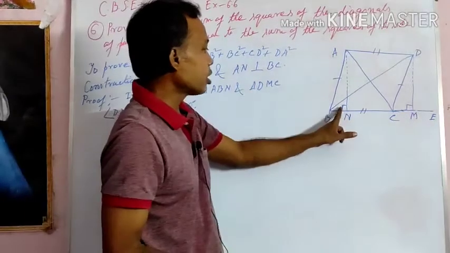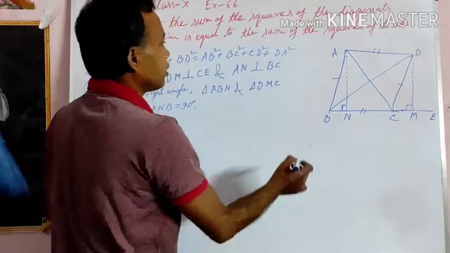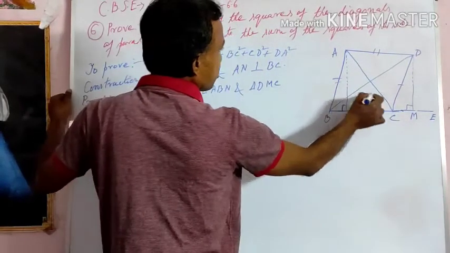So this angle is equal to 90, this angle is equal to 90, so this angle is equal to this angle. And since it is a parallelogram, AB is equal to DC.